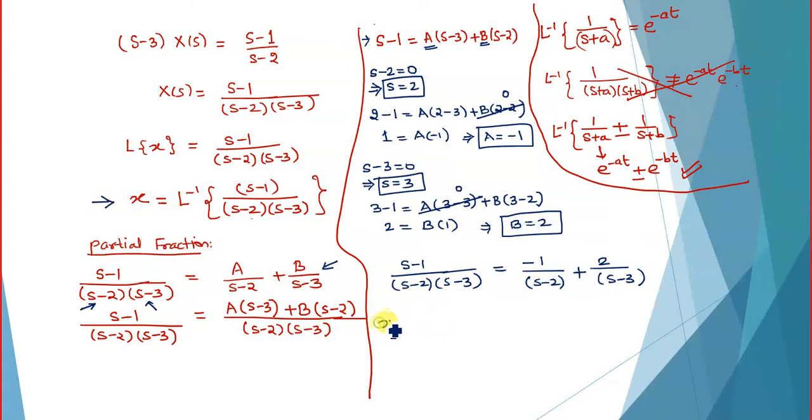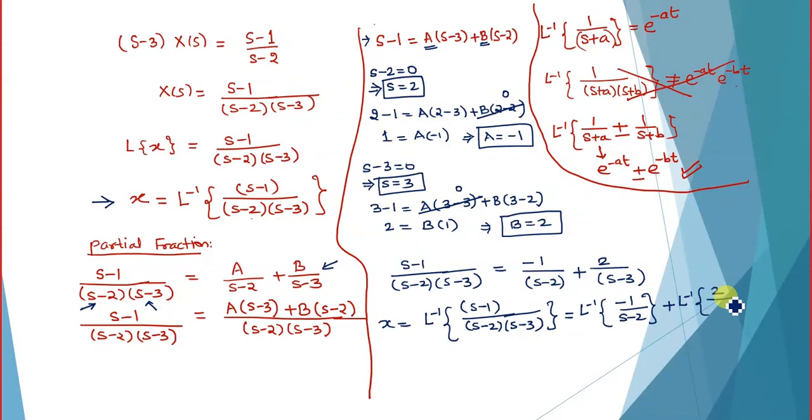So x is the Laplace inverse of this term, which is the sum of these two terms: the Laplace inverse of minus 1 over (s minus 2) plus the Laplace inverse of 2 over (s minus 3).